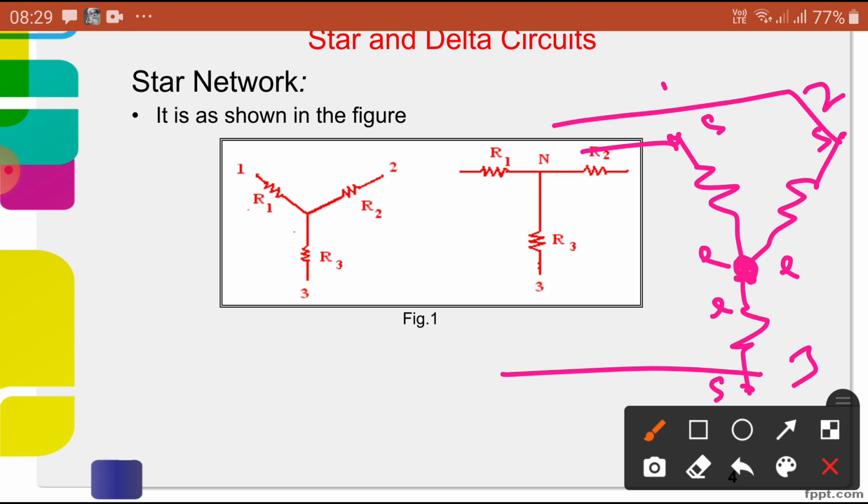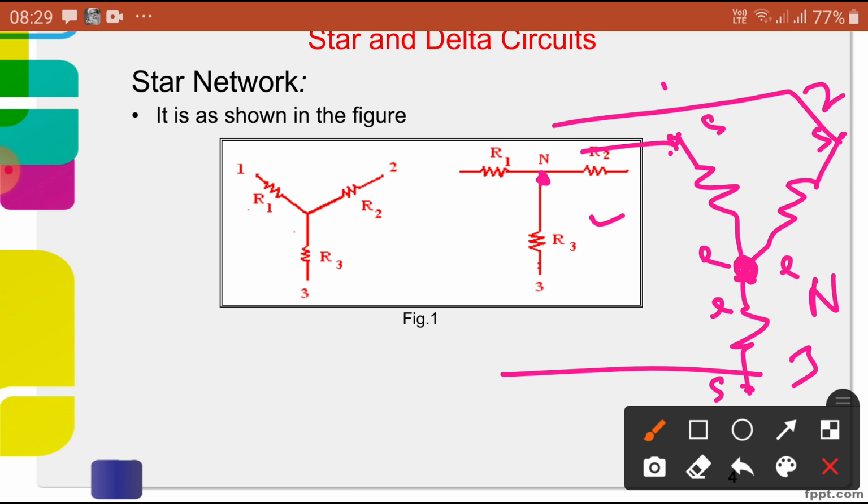The star point, the common point, we can represent as the neutral. All ends are connected in common, that is known as the neutral, and the remaining starting terminals of all the resistors are connected to the supply. This is another form of star connection.